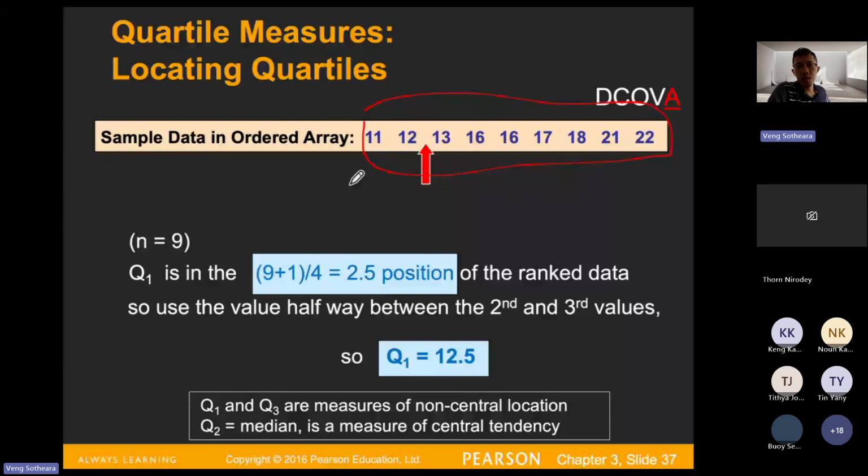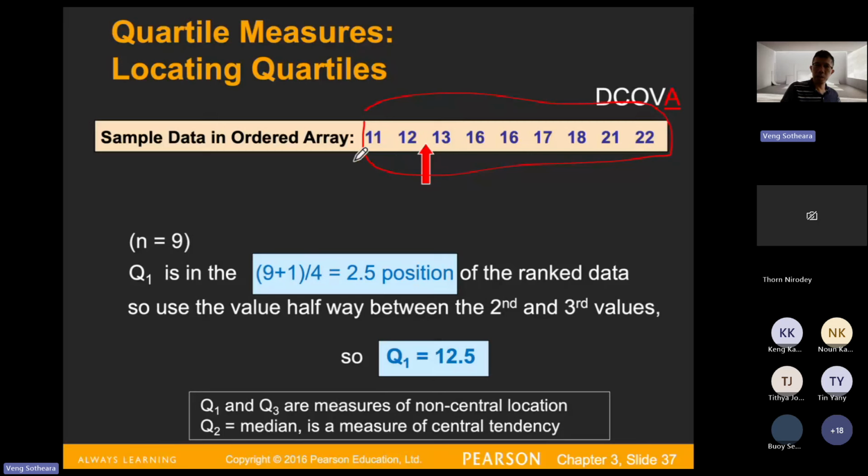So this is a sample consisting of 2, 4, 6, 8, 9 values. I want to compute those Q. Now let's focus on their position first.